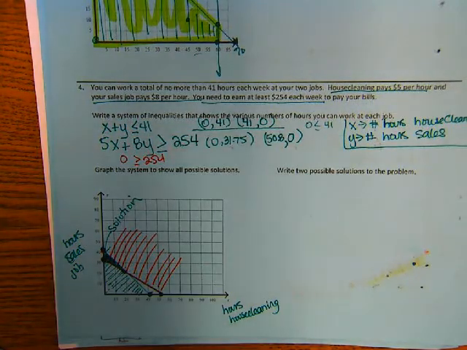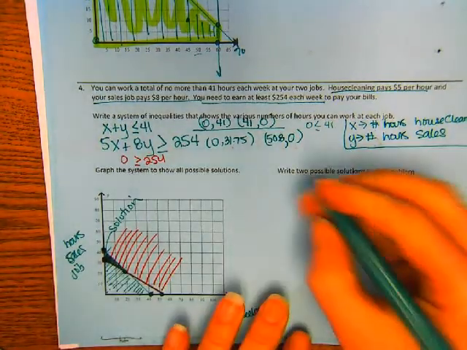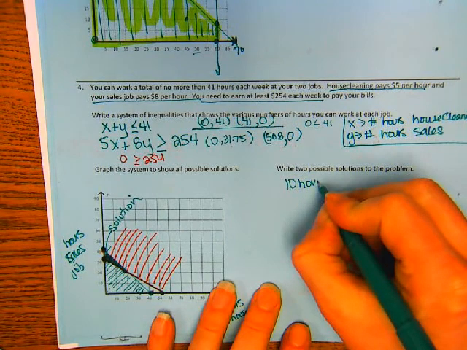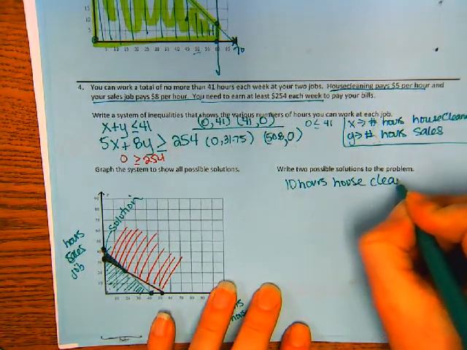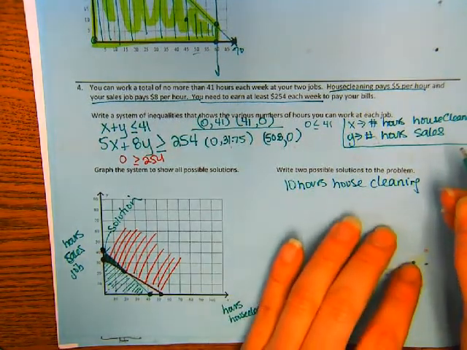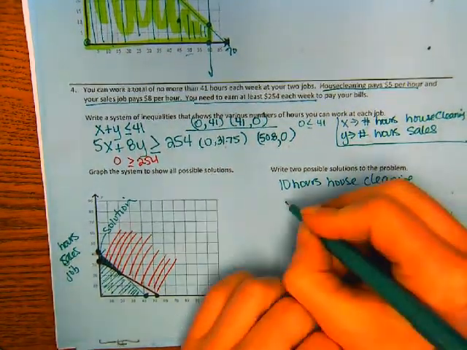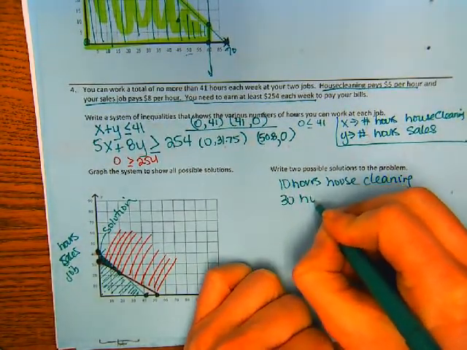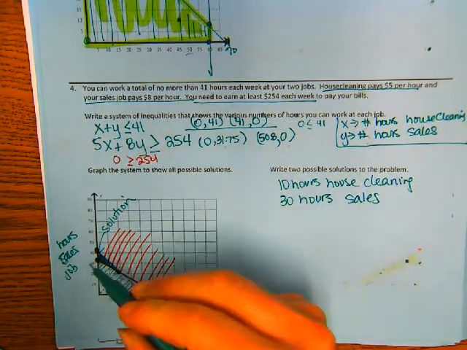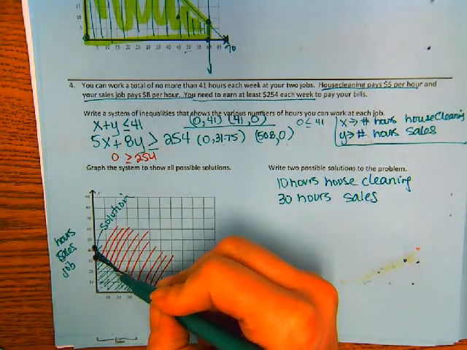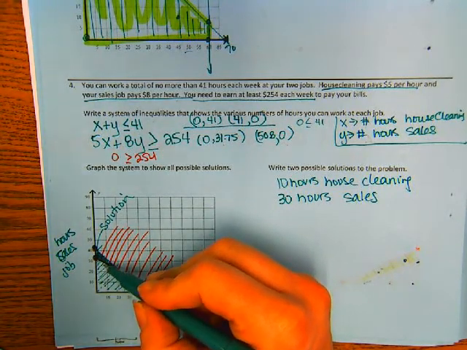So 2 possibilities. Let's see here. 10, 30. 10 hours house cleaning and 30 hours at sales. Or it could be any of these endpoints, like where they have in common.